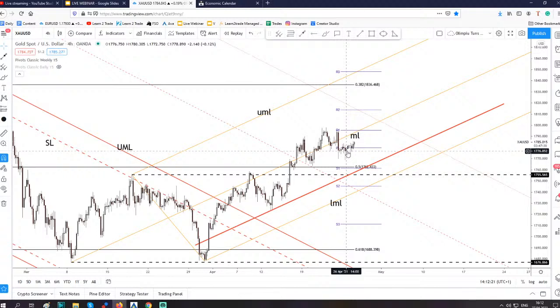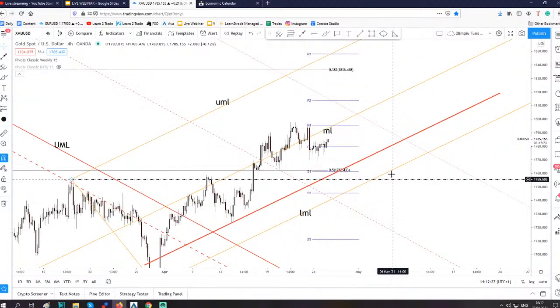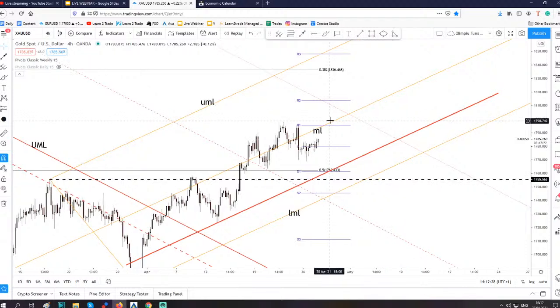Euro versus the US dollar has decreased a little, and that's why the DXY has increased a little. That's why gold has decreased a little in the short term, but now it has jumped again above the weekly pivot. It seems determined to come back higher, maybe to retest the medium line and maybe to approach again the R1, the first resistance.